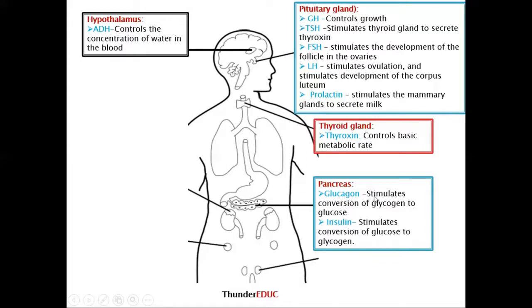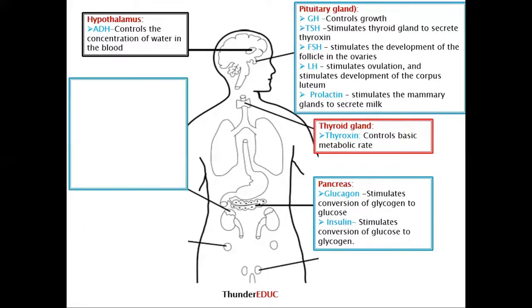So glucagon just stimulates the liver to convert glycogen to glucose, or insulin stimulates the liver to convert glucose into glycogen. That's why we say that glucagon stimulates the conversion of glycogen to glucose, and insulin stimulates the conversion of glucose to glycogen. So I need to see the word stimulates. If you don't put it there, your answer is wrong.